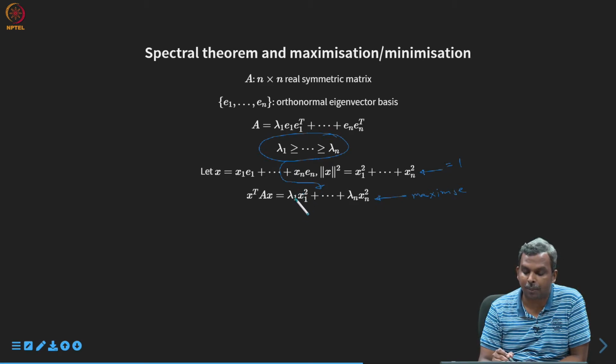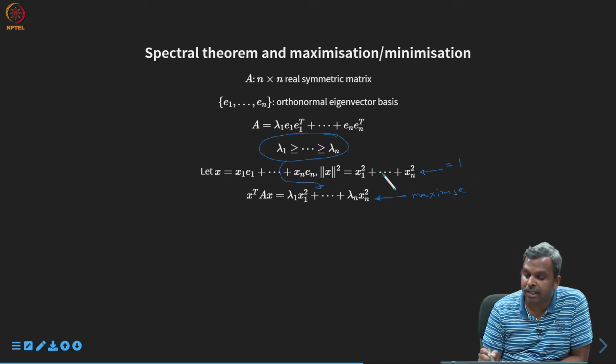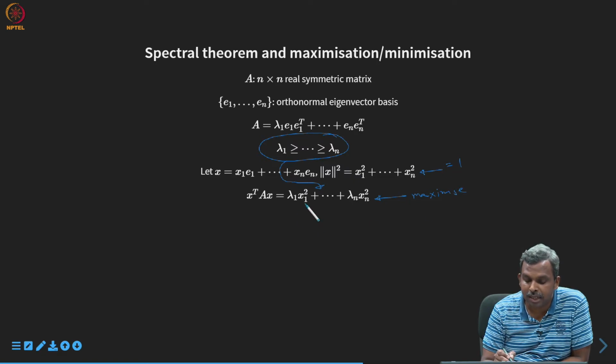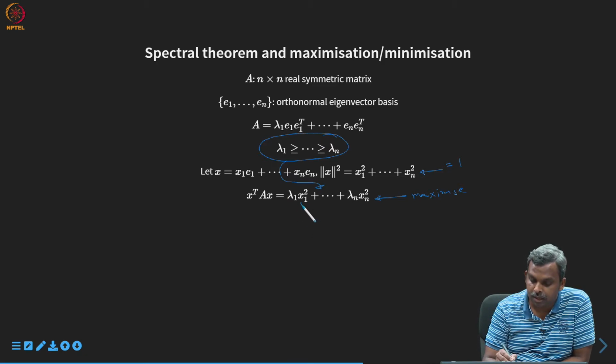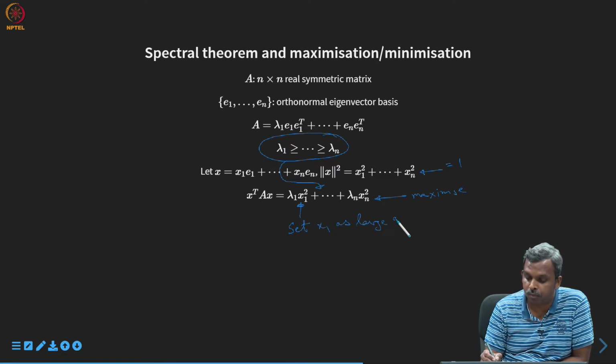So that's what will happen, okay? But we have this constraint that the sum of squares of x1 to xn has to be equal to 1. So what is the largest possible value that x1 can take? That is 1. Right, largest, so we want to set x1 as large as possible to maximize, right?